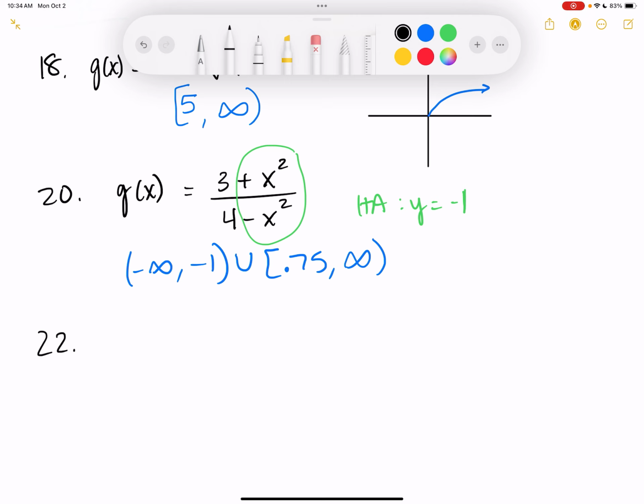So h of x is equal to x cubed plus x over x. Basically, I'm trying to see if at x equals 0 there's a problem.